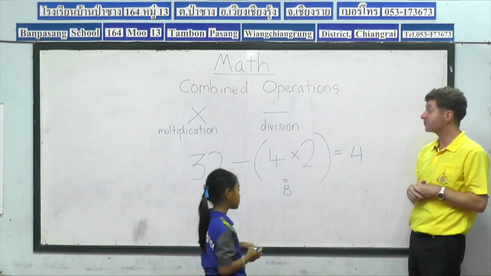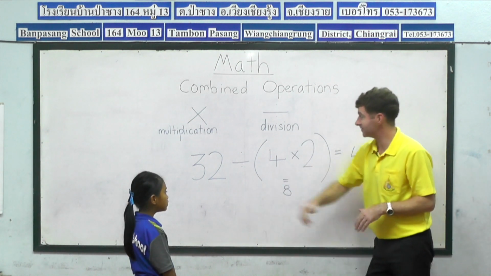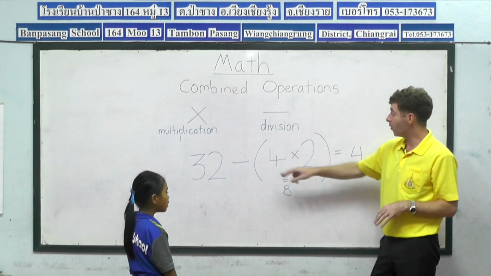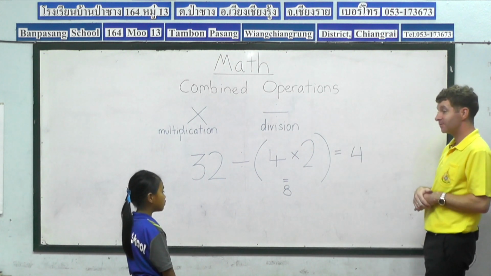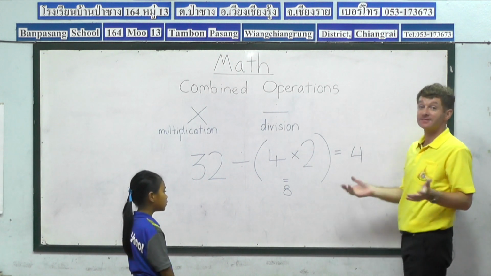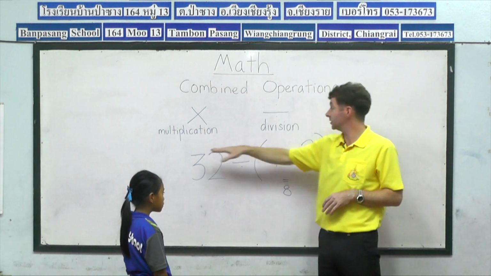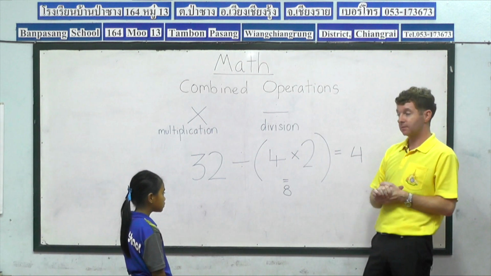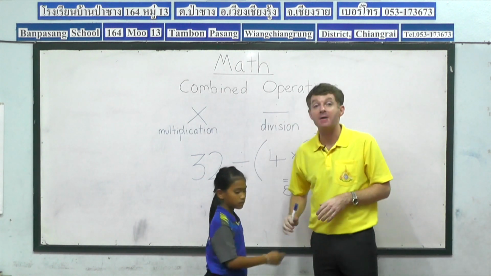That's perfect. So altogether, guys, 32 divided by 4 times 2 equals 4. And this is another combined operation involving multiplication and division. And Pak Bung, that was brilliant. High five. Big round of applause for Pak Bung.